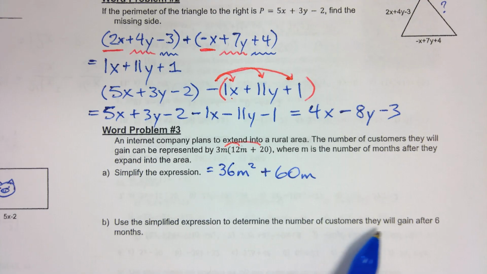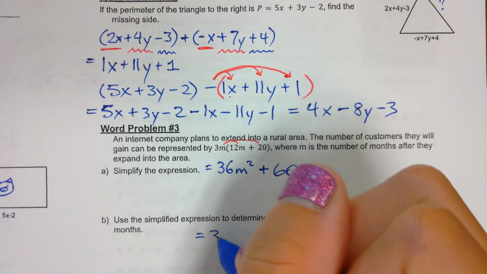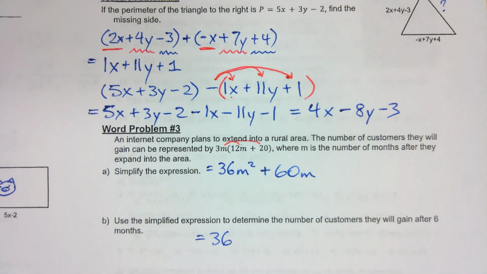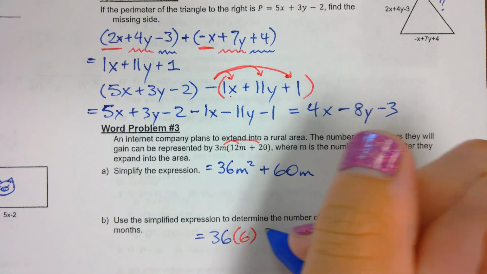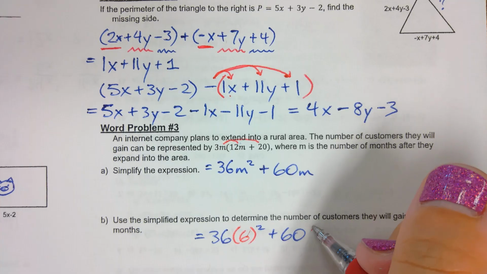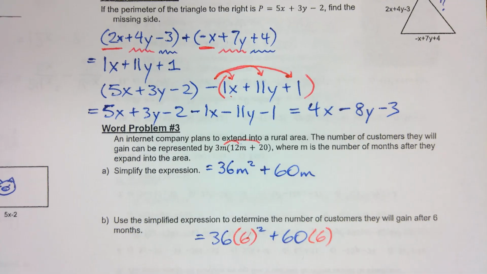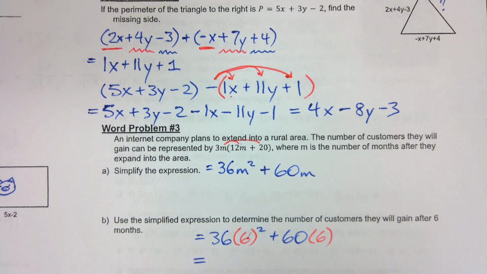Okay. Use the simplified expression. Determine the number of customers they will gain after 6 months. So, again, substituting the 6 in for m. So I'm replacing it. Okay. Using your calculator. If you want to use a calculator on the test, make sure you bring one.